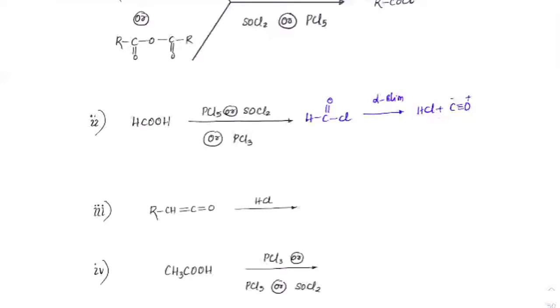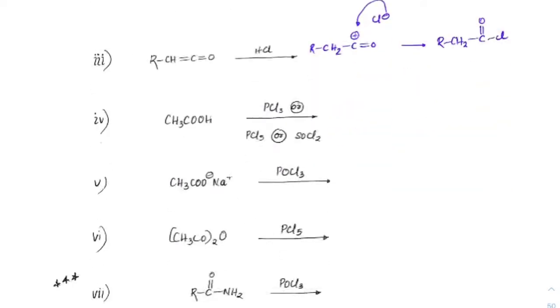Next, we can see ketenes. If you react that with ketenes also, we will have RCH2 C double bond O plus and Cl minus will attack on that. So we will have this as RCH2 C double bond O Cl formation.